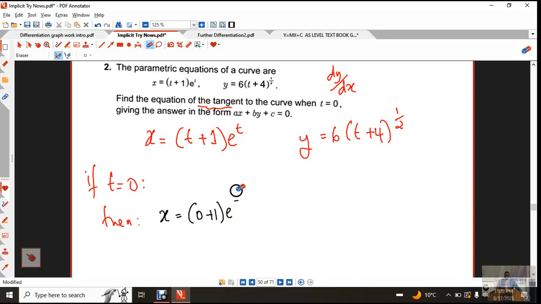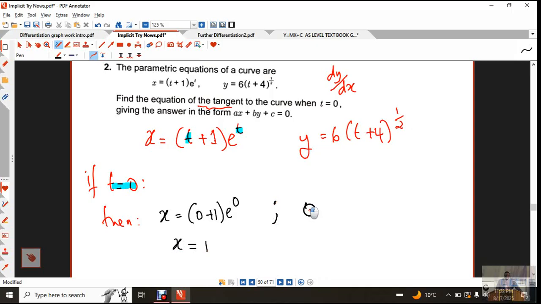Also this t here should be equated to 0 everywhere you have a t, if t is equal to 0. So that is just going to be 0 plus 1, that's 1, times 1, so x is going to equal 1.